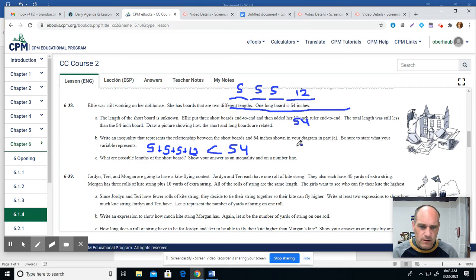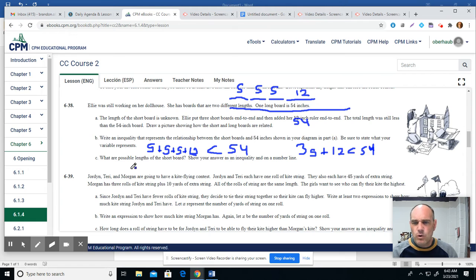I have three S's, so I'm combining like terms, plus 12, is less than 54. That's my inequality: three S's plus 12 is less than 54.